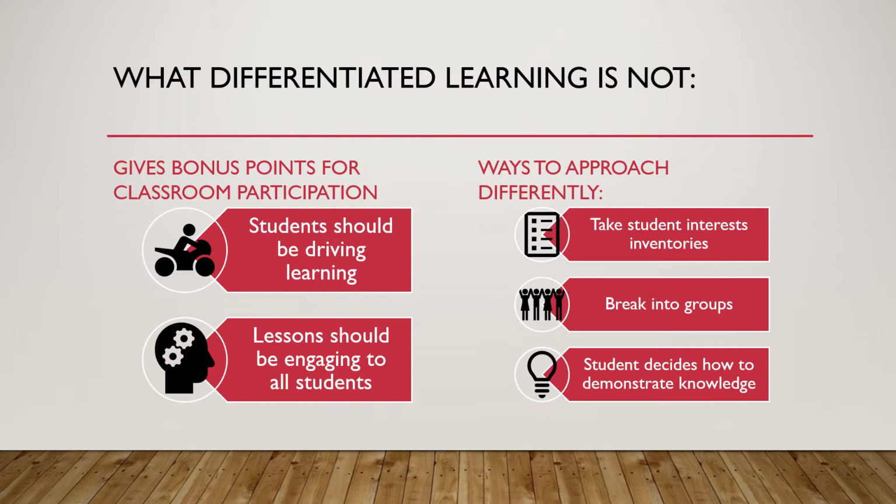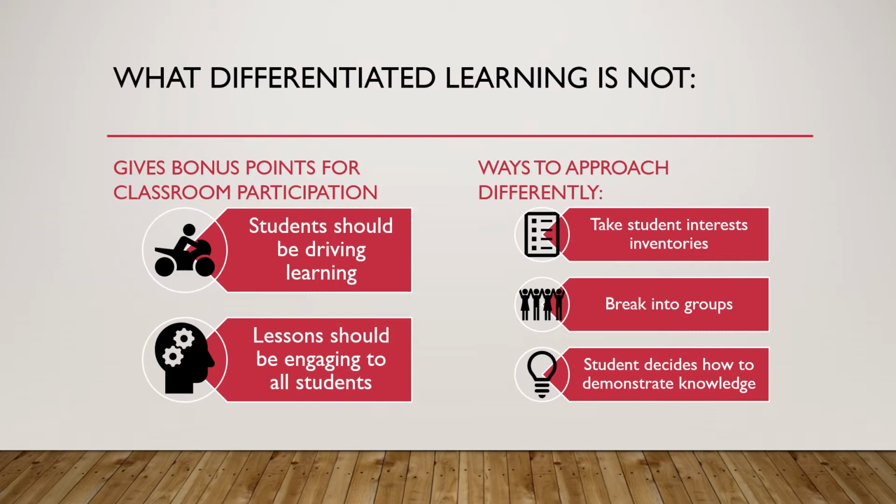If you're finding that you need help figuring out how to engage your students, you can use student interest inventories to help understand what your students may like, and break down into groups to keep that participation rolling in case you have students who don't want to participate in a large group setting. If they just want to participate one-on-one, then that's a great way to participate.